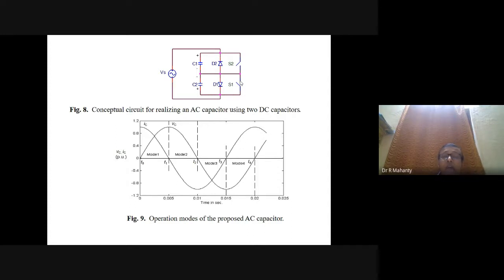Now, here you see what happens. This operation can be explained by using figure number 9.